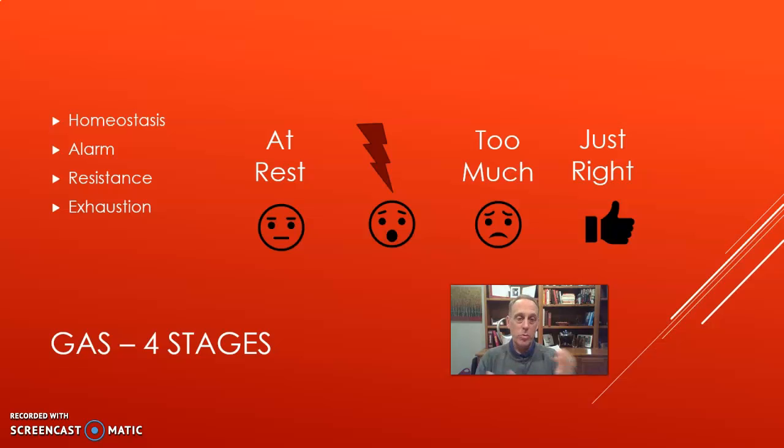So in this case with a single-celled organism, you had an alarm stage, a resistance stage, and with too much, an exhaustion stage. What you're really seeking here is this just right Goldilocks amount where you apply just the right amount of stimuli to get the response you want, but not so much where you actually overburden the person.